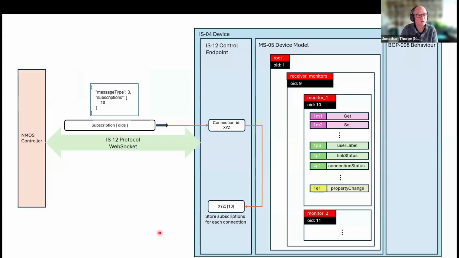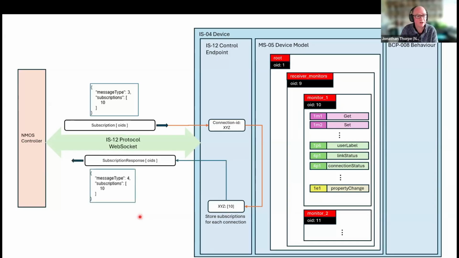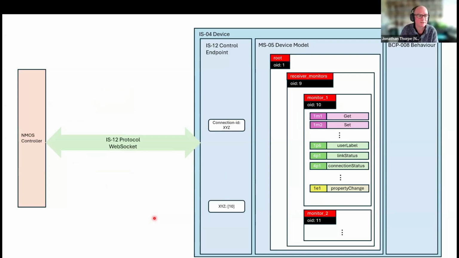We can also create subscriptions. When we create a subscription, we tell the node which objects we're interested in. That gets stored by the control endpoint, and we get a subscription response confirming that we've successfully subscribed to that object.